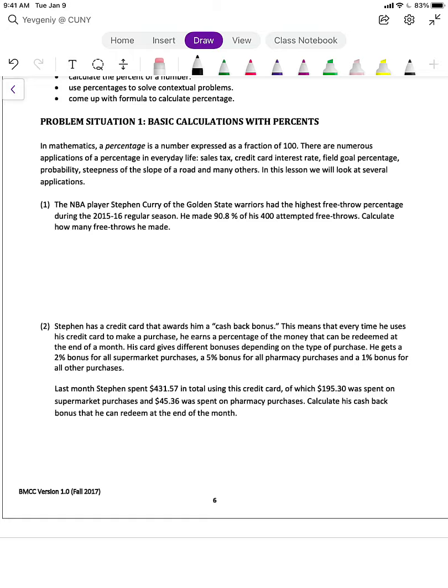All right, so let's go ahead and review this. So what does 90.8 mean? Well, it's a decimal, but the definition of a percent is amount out of 100. That means he made about 91%, which is about 91 out of 100 free throw attempts.